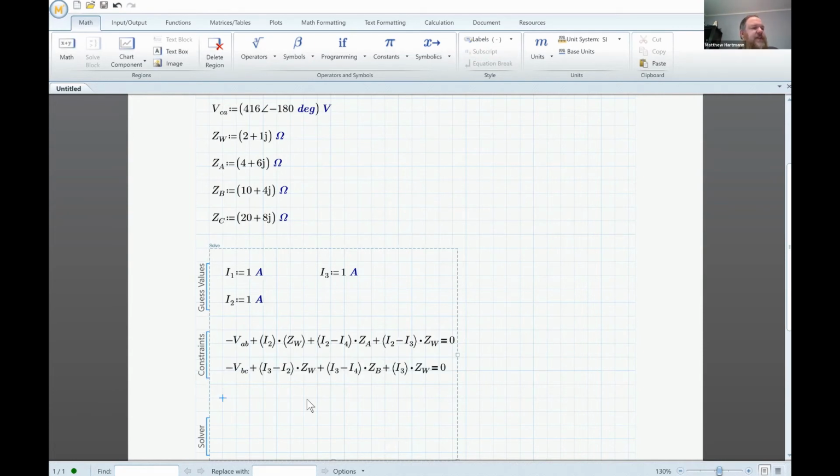And then lastly, we had I4 minus I3 times ZB plus I4 minus I2 times ZA plus I4 times ZC equal to 0. Do all of those equations look correct?